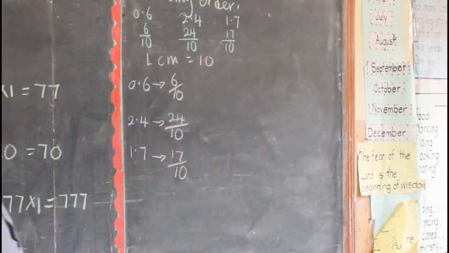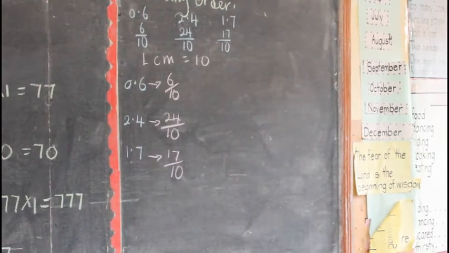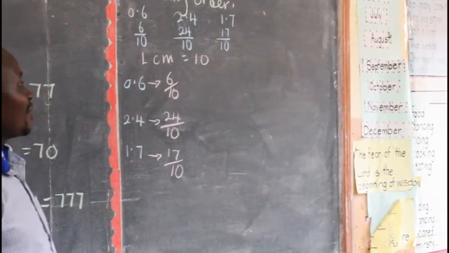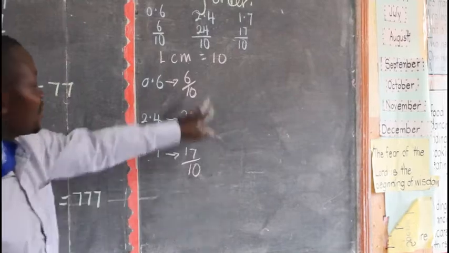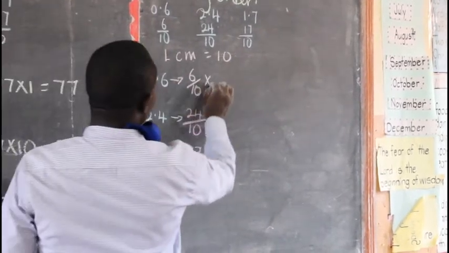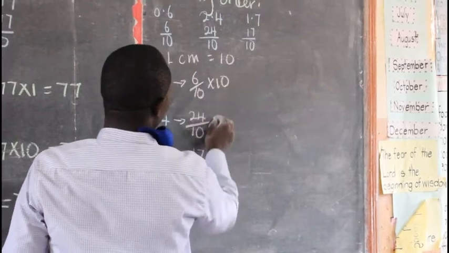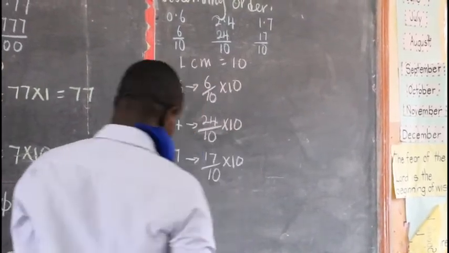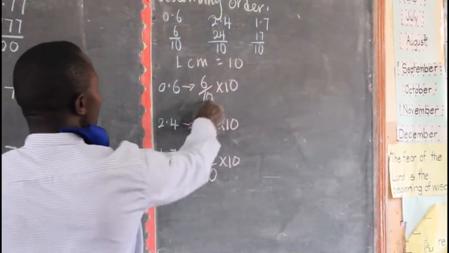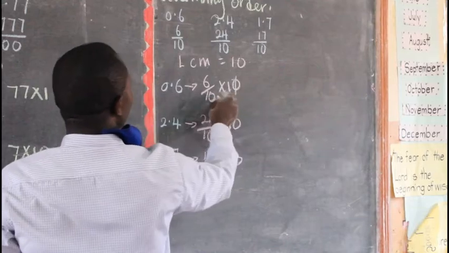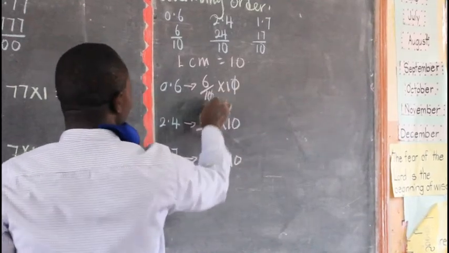Then after that, we are going to multiply each common fraction now with the LCM. And remember, our LCM is 10. So here we are going to multiply by 10, here by 10, here by 10. Then here we divide the denominator with this one here. A 0 with a 0.